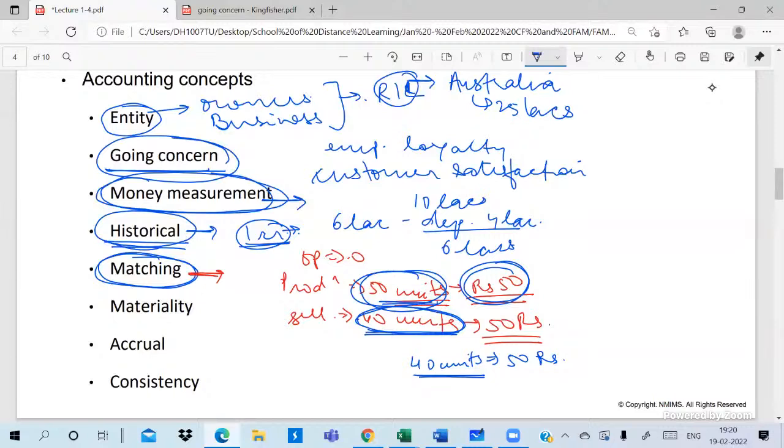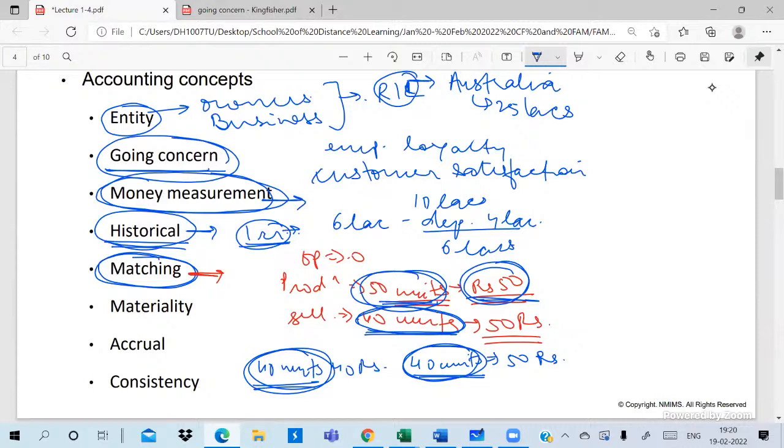If 50 units have a cost of 50 rupees, 40 units will have a cost of 40 rupees. So now my expense is also for 40 units. My income is also for 40 units. And now I can compare them and I can say that, okay, I produced 40 units for 40 rupees, which were sold for 50 rupees. So I made a profit of 10 rupees.